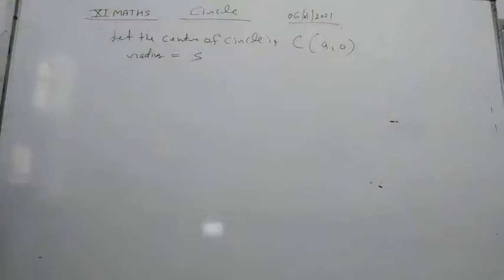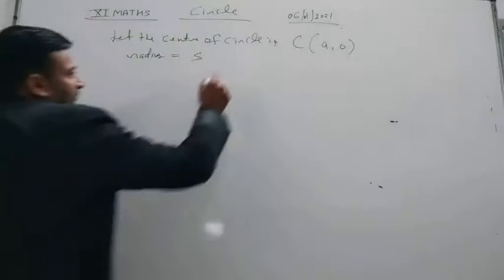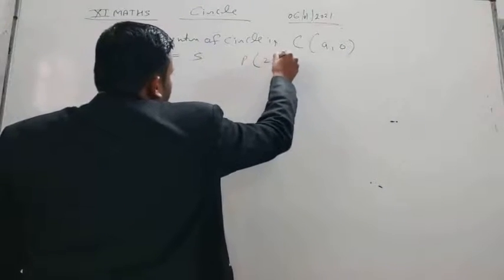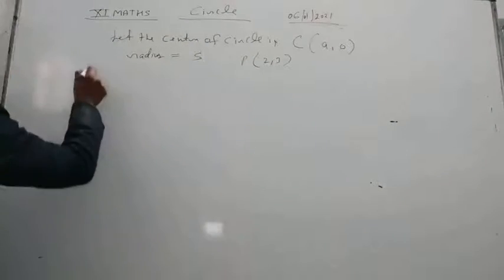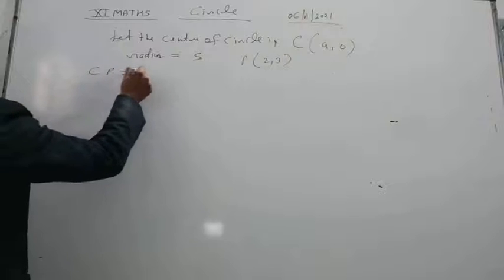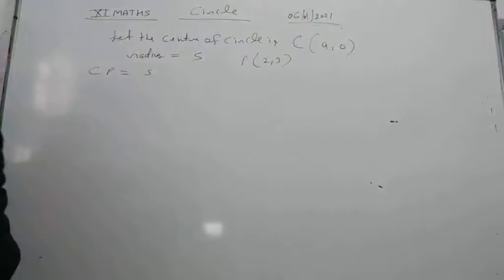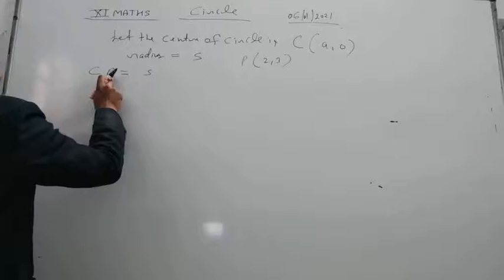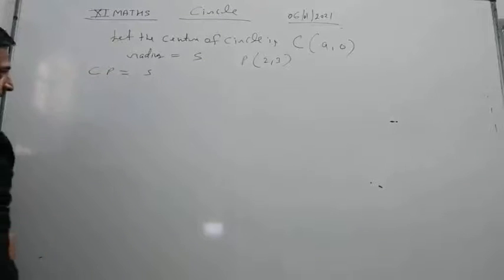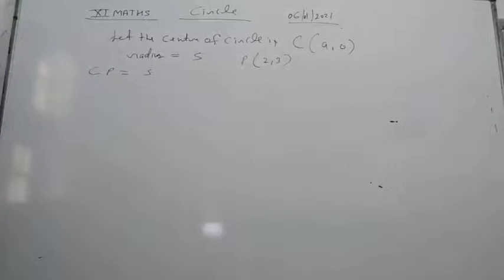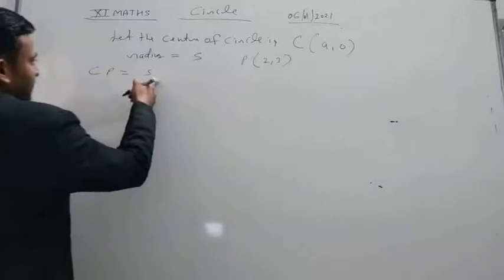And point P is (2, 3). So CP is equal to the radius, because this is the center and this is the point on the circle. Our circle passes through the point (2, 3). So the radius is this.